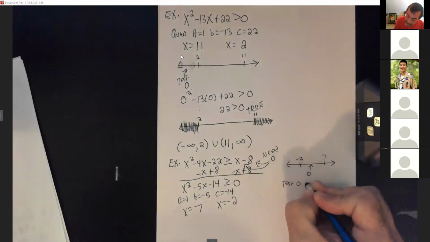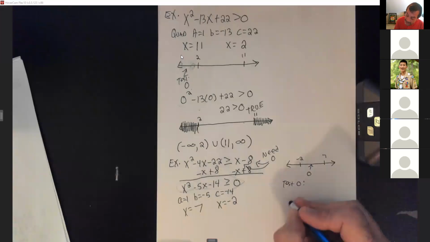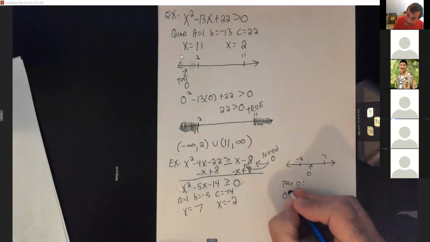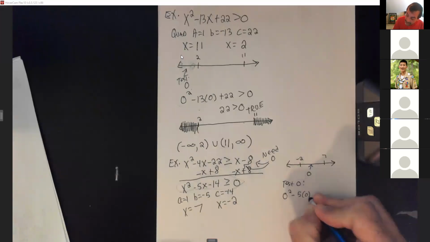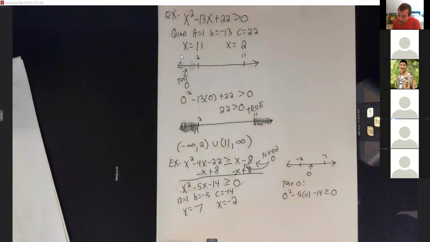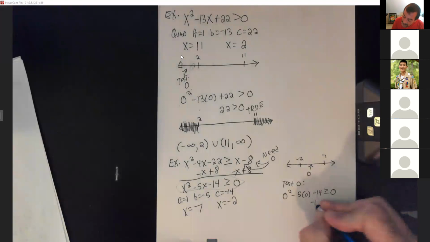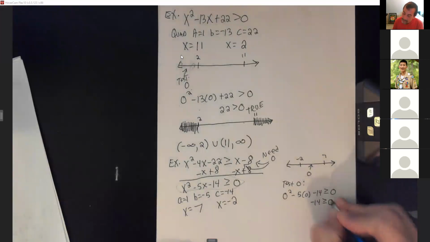To test my 0, I'm actually going to use this equation where we got everything on one side. So I got 0 squared minus 5 times 0 minus 14 has to be greater than or equal to 0. Well, let's see, that cancels, that cancels. So the question of the day, is negative 14 greater than or equal to 0?